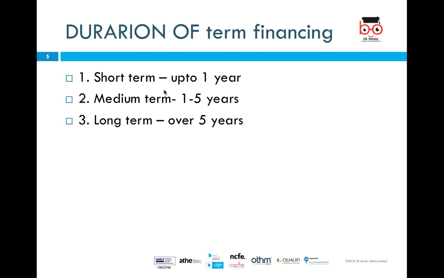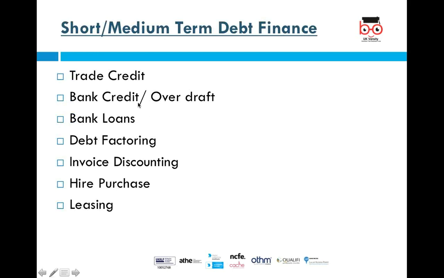And if we get the finance and have to pay it back within 1 year, that's called short-term finance. Normally small and medium businesses are used to short-term finance, and it depends on the business and industry which term finance the company can go for.